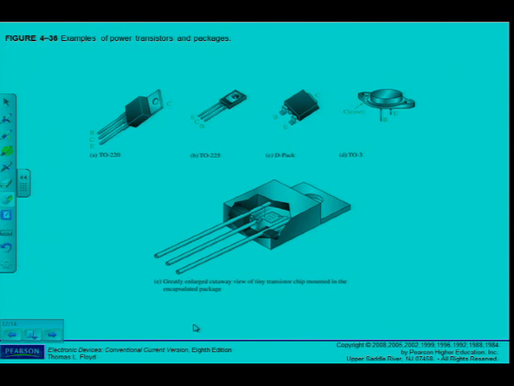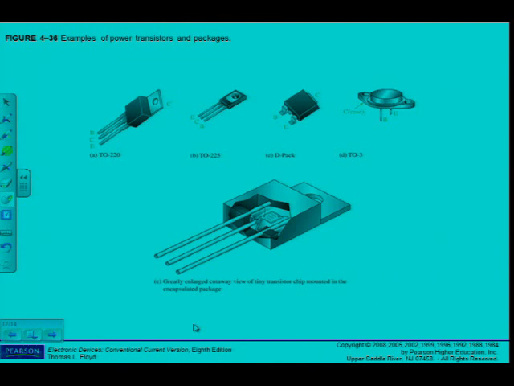Figure 4-36 shows some common package configurations. The metal tab or the metal case is common to the collector and is thermally connected to a heat sink for heat dissipation. Notice in part E how the small transistor chip is mounted inside a much larger package.